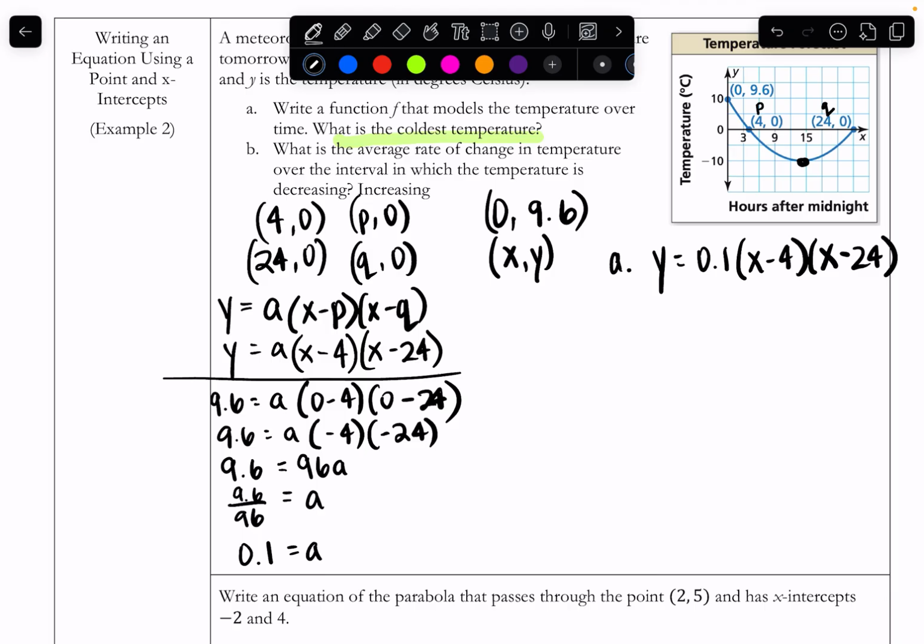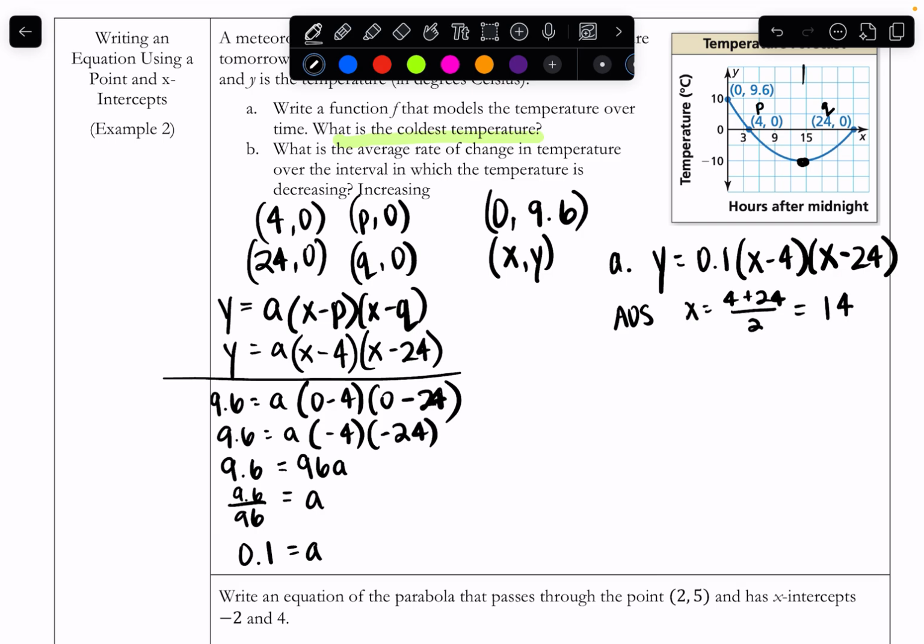It kind of looks like it's a decimal there, so I'm going to actually do the axis of symmetry equation because I know my vertex point falls on the axis of symmetry. So here I have P and Q, 4 and 24. I know that if I average them together, so add them up, divide by 2, that's going to tell me my axis of symmetry equation.